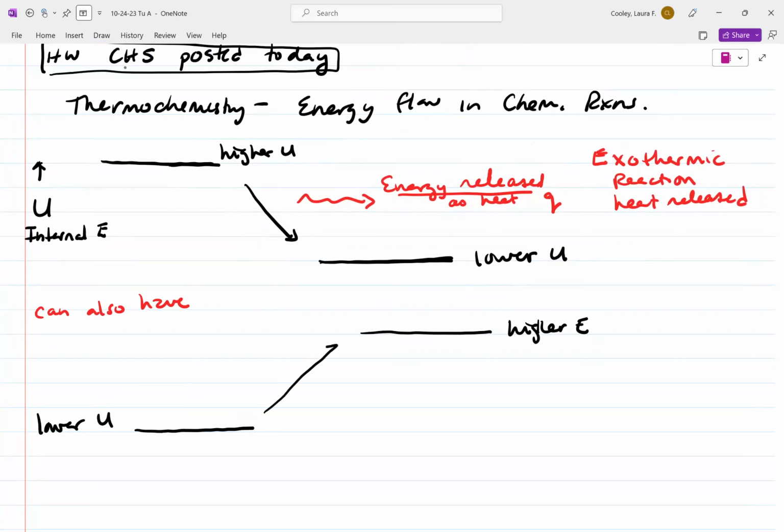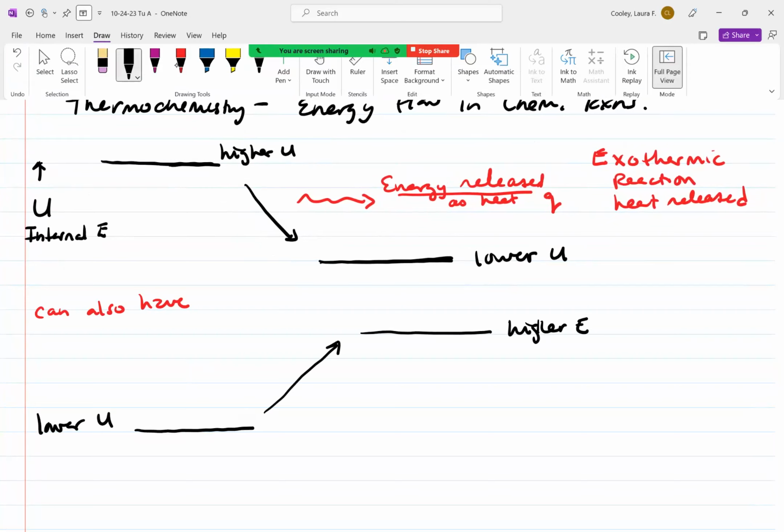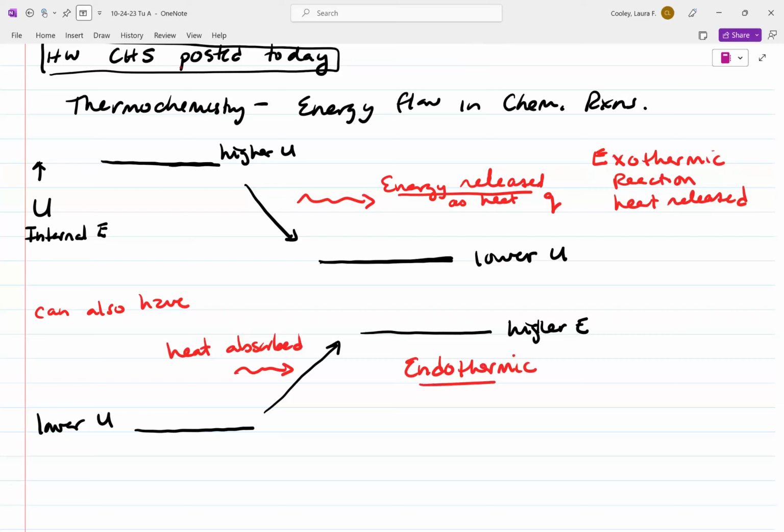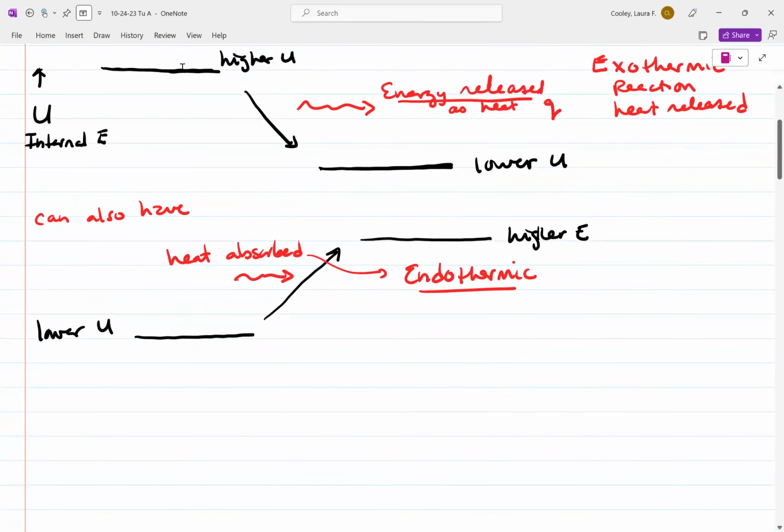That's an uphill process, and for that to happen, it would have to be supplied with heat. So heat is absorbed by the system, which is simply the reacting chemicals. We call this endothermic, where heat is absorbed. And the products are at a higher energy.